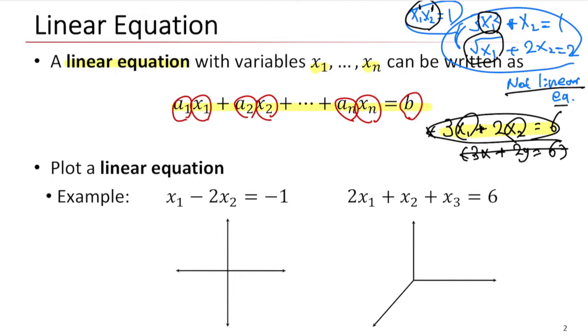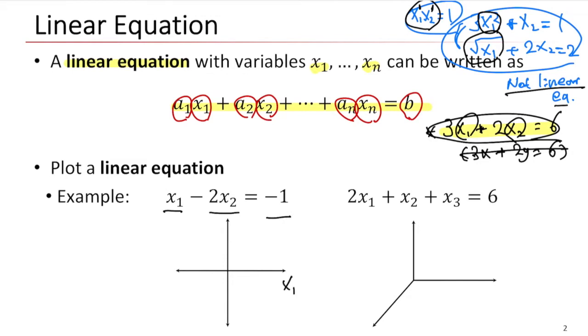So how can we plot this linear equation? What is the graph of this equation? When you draw a linear equation, we are talking about lines. Let me show you something. We have a linear equation x1 minus 2 times x2 is equal to negative 1. How can I draw this?